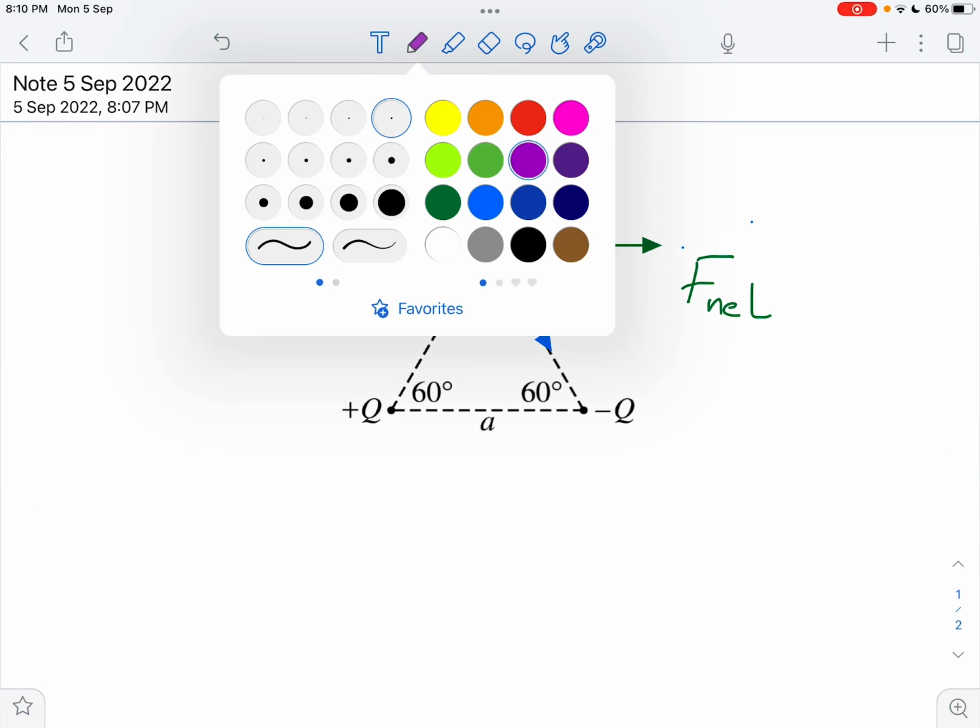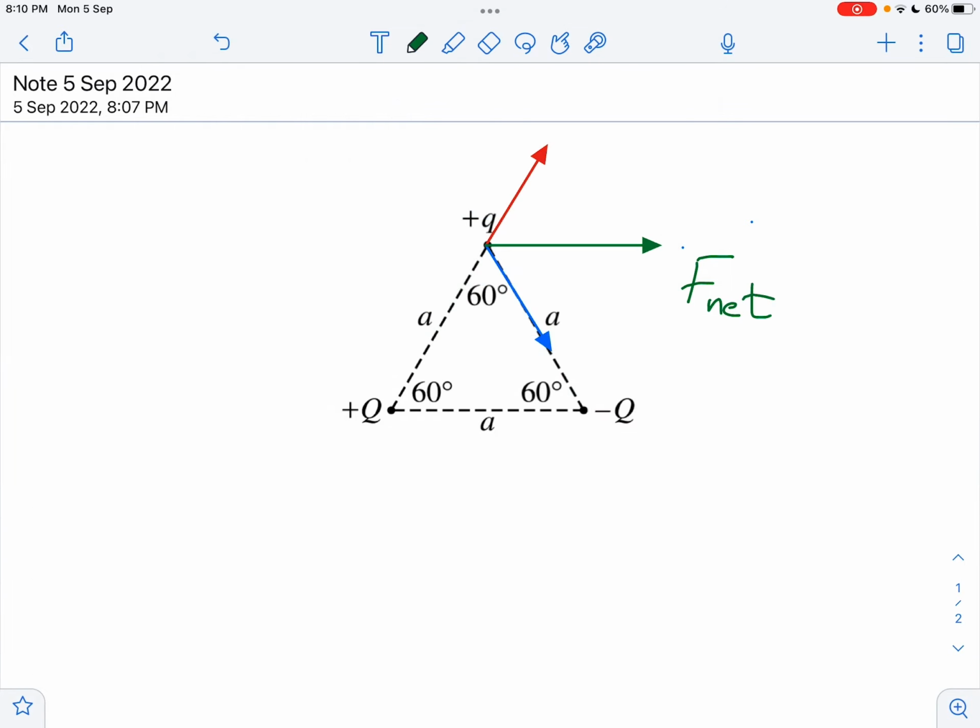Okay, so that's the x-axis. F net is along the x-axis, and for sure we have also the y-axis.